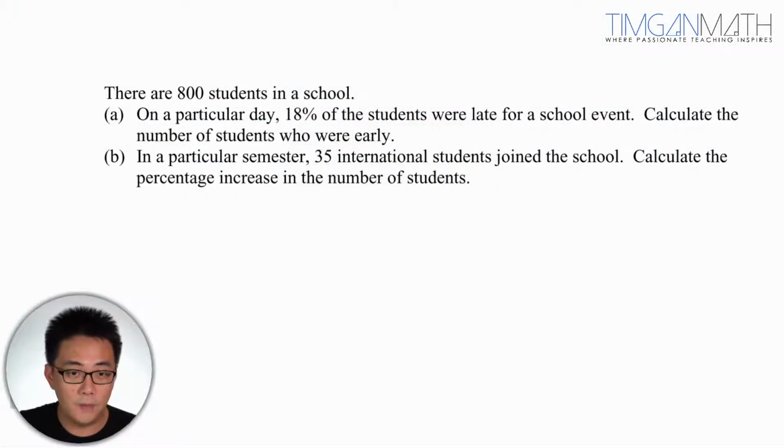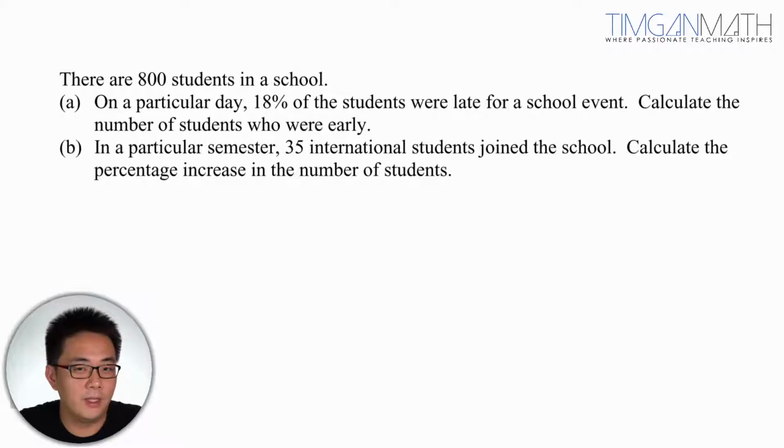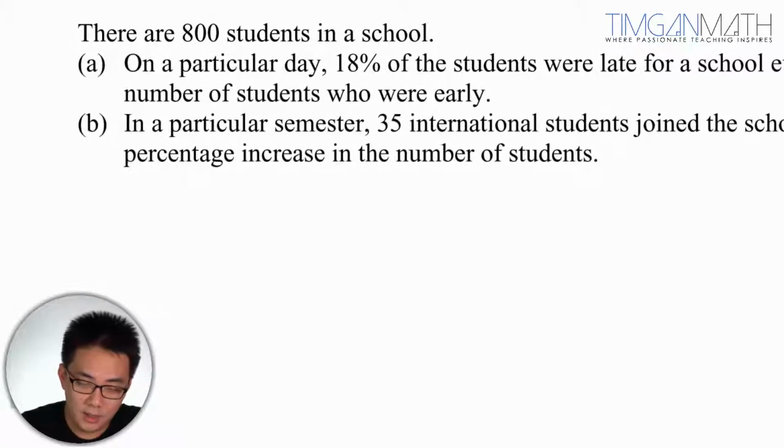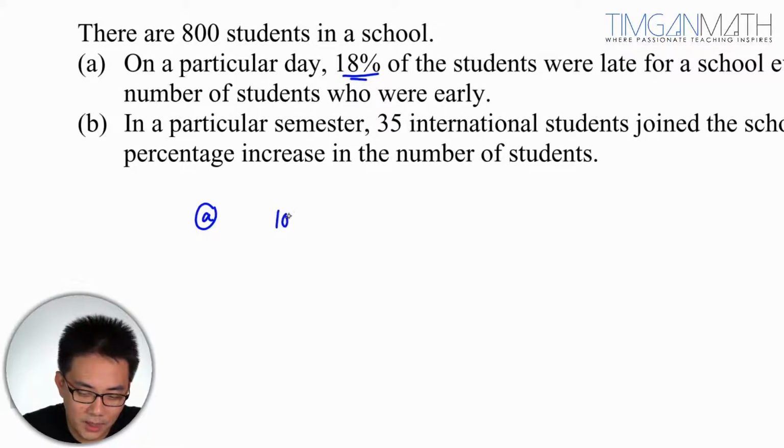Hi students, let's look at this question here, which is on percentages. There are 800 students in a school. On a particular day, 18% of the students were late for a school event. Calculate the number of students who were early. We know that 100% is the gold standard.